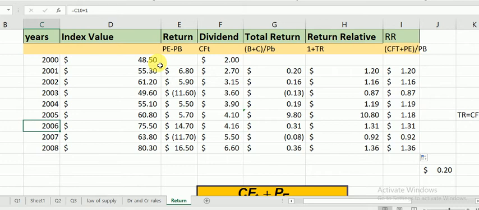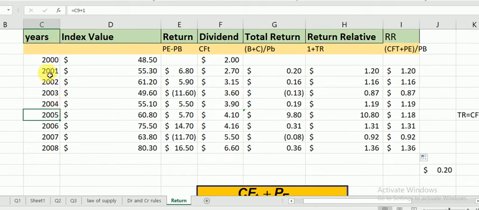Like, how do we compute the wealth? For example, we make an investment in 2000 of 48.50, as I said, and now we want to compute the wealth in 2005. Or we can also take a standard value of $1; mostly we compare with $1.